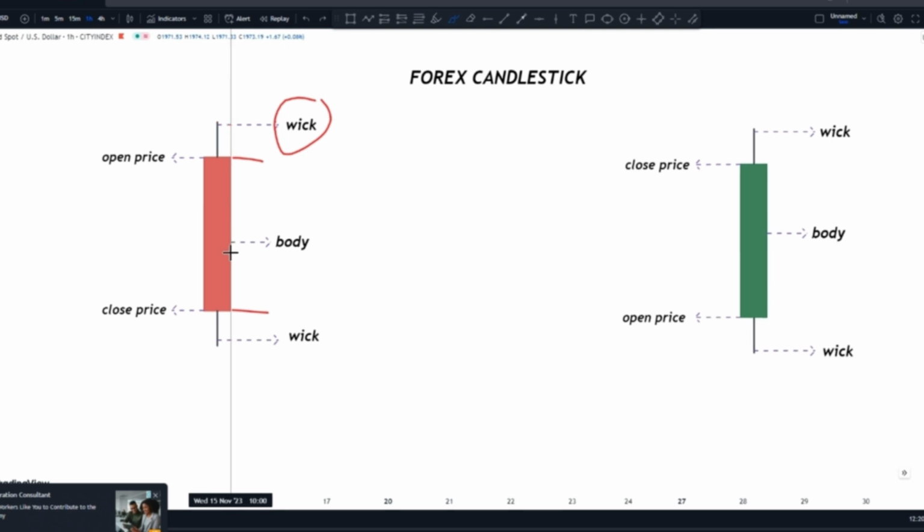So when we are dealing with bearish candles, price opens at the top and closes at the bottom, because if you remember, bearish means the market is coming down. When you come to bullish candlesticks, price opens at the bottom and then closes at the top. Those are the main things you want to know about these candlesticks.